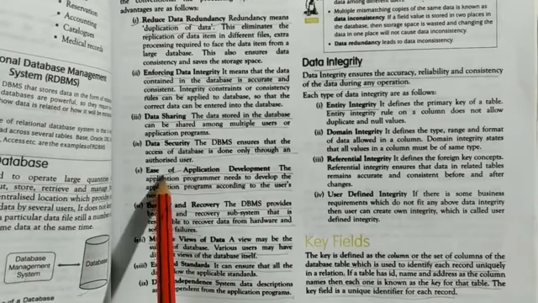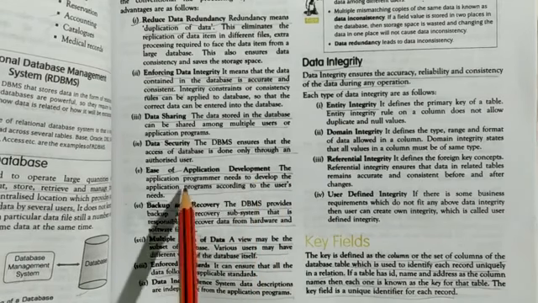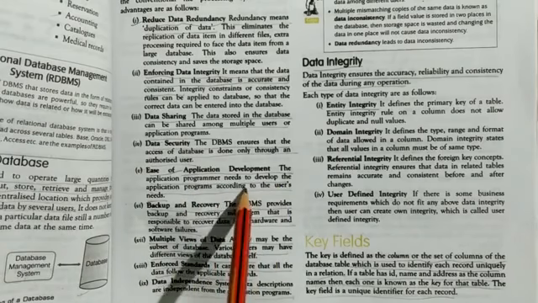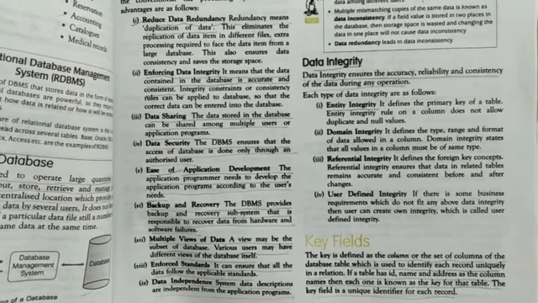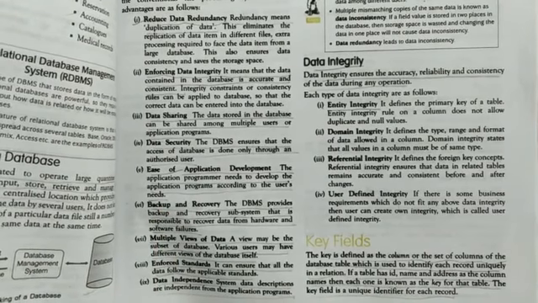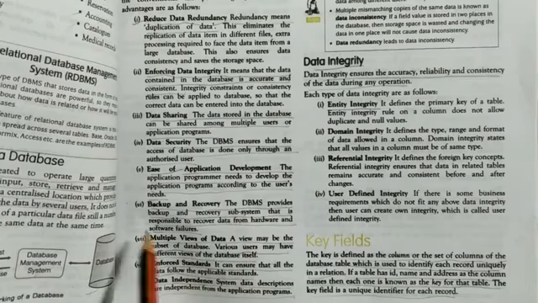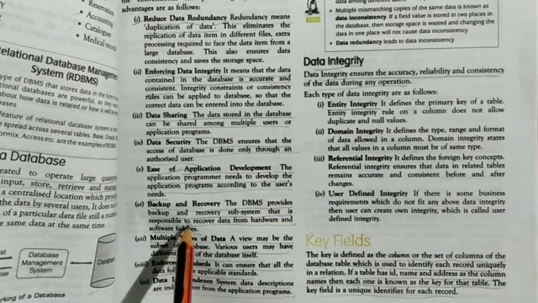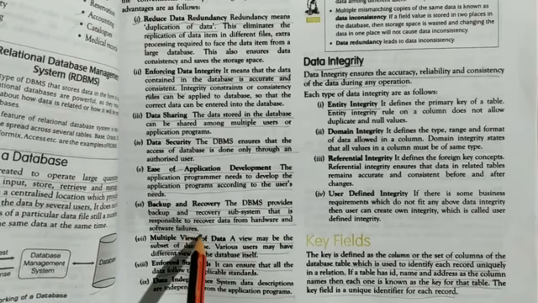Next, ease of application development. The application programmer needs to develop the application programs according to the user's needs. Backup and recovery. The DBMS provides a backup and recovery subsystem that is responsible to recover data from hardware and software failures.